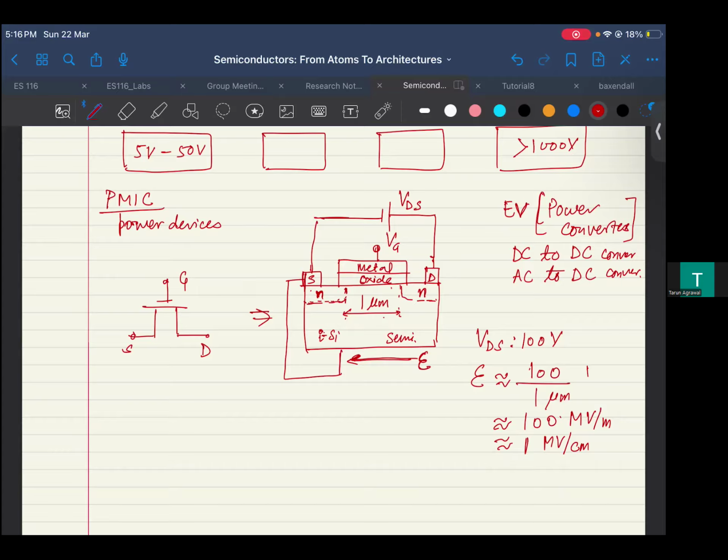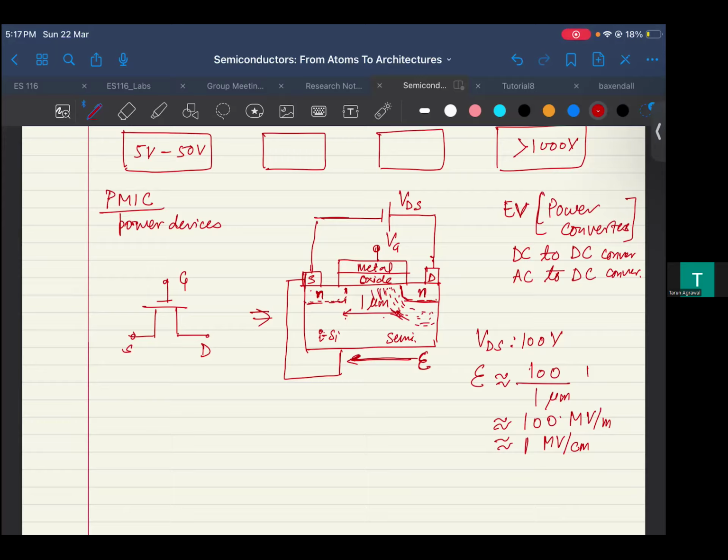So this depletion region is going to increase, and this is something we'll talk about in some other video where we talk about PN junctions. But you apply such a large field, it has to drop somewhere. It could drop across the channel, but there is an N here, and then there is an intrinsic channel. So you are going to see more and more depletion region as you increase voltage in your intrinsic region.